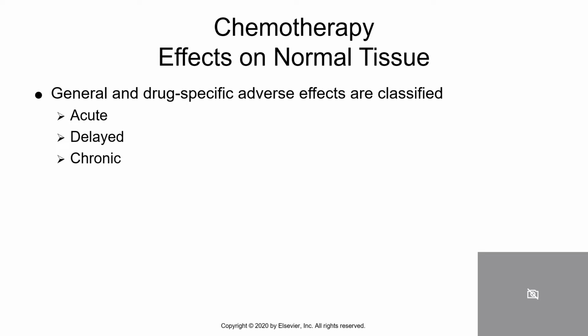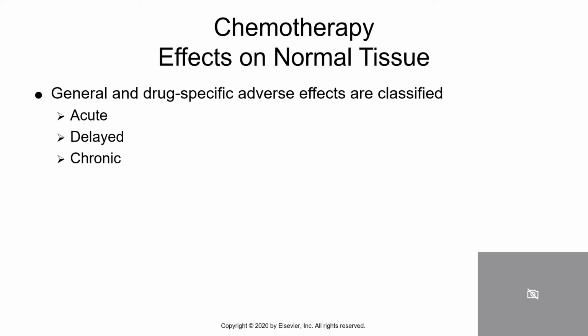Cardiac dysrhythmias could also occur. Delayed effects will be more like delayed nausea and vomiting, alopecia, bone marrow suppression, altered bowel function, things that are going to have a later onset.